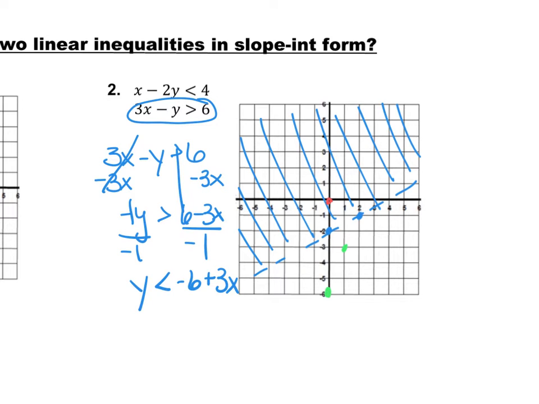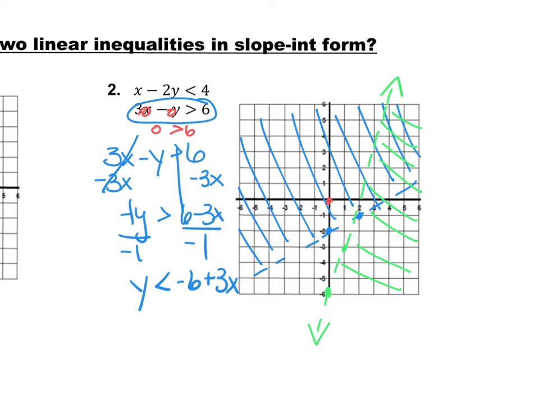All right, and again, it's less than, so I have a dashed line. And it's less than, so it's going to go below the line. So I'm going to shade going down this way. All right, and again, if you question it, plug in 0 and 0. Is 0 greater than 6?